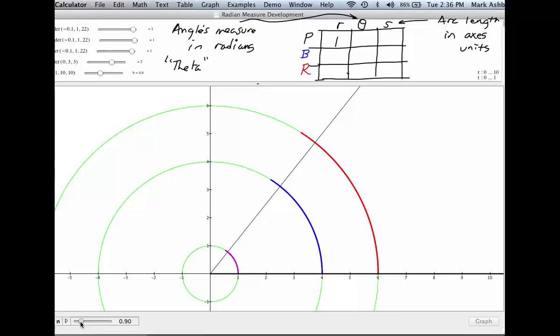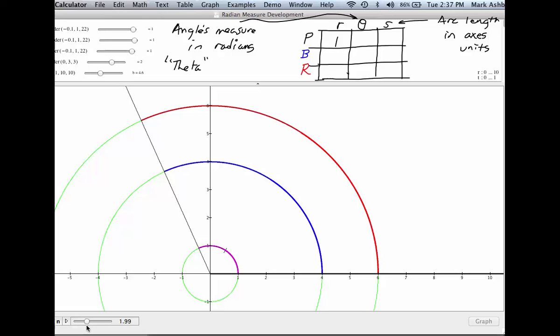So here was 1 radius length. What was the angle? Not 60. 1 radius length gave us an angle of how many radians? 1 radian. 2 radius lengths swept out. That angle that cuts off 2 radius lengths is an angle of how many radians? 2 radians.